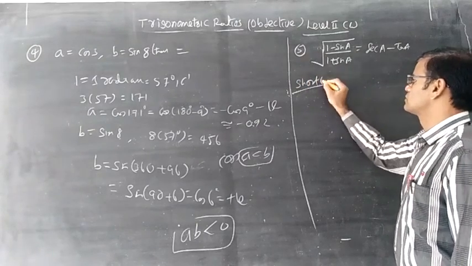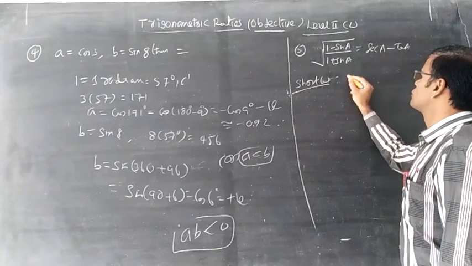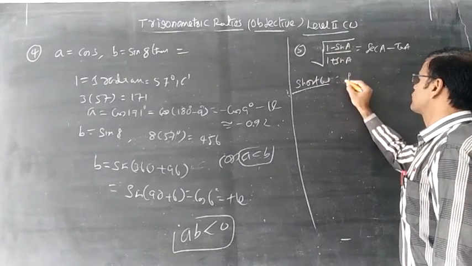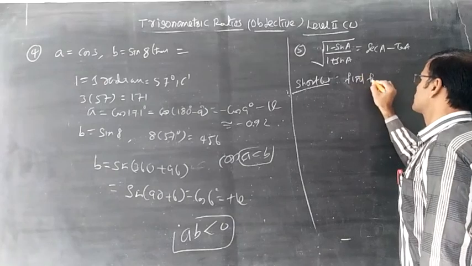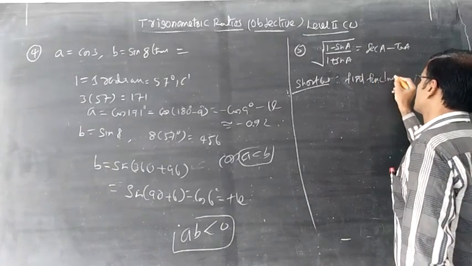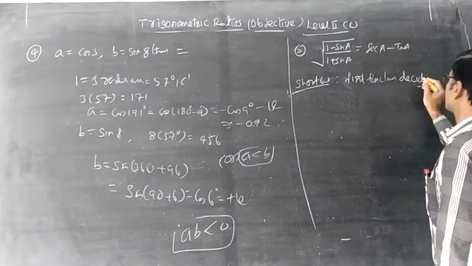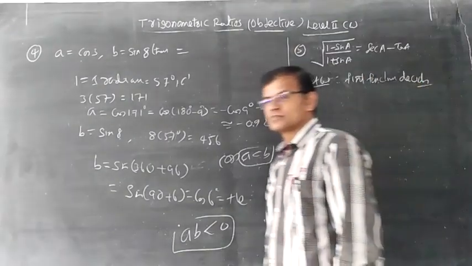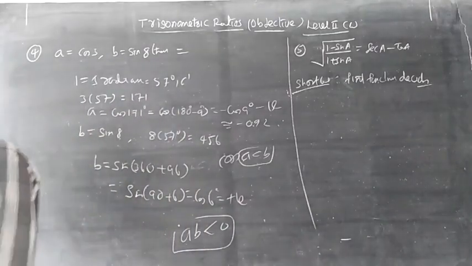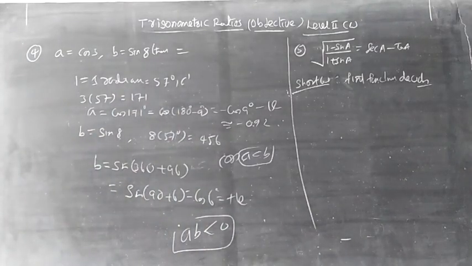In this root model question, first function decides. So what is the process? You should rationalize. I think you faced this question in 10th class.